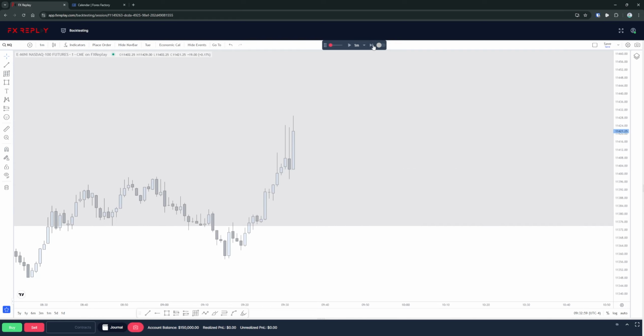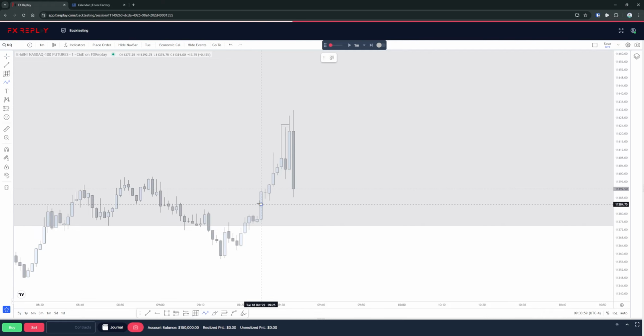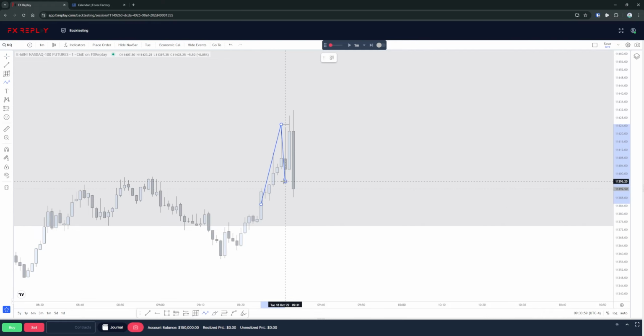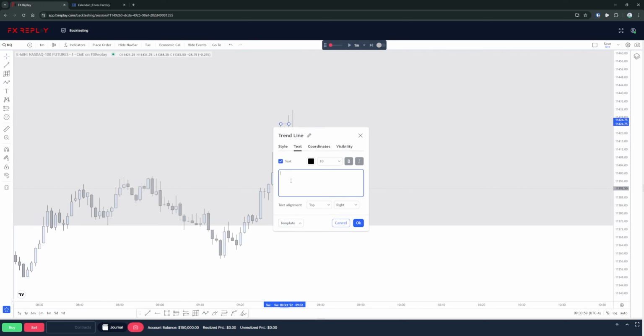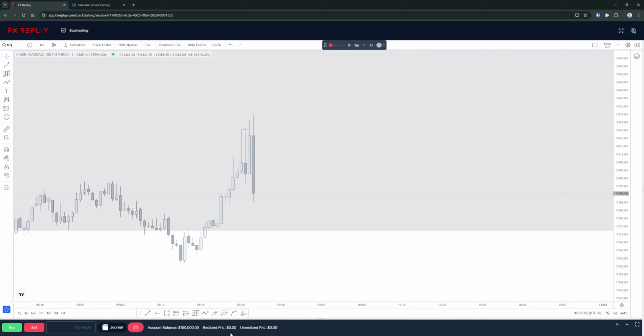I'm just going to be watching price at New York Open. This is a sweep. We have a high, a low, a high, and we're getting some displacement down. So this becomes our sweep, our stop hunt, sorry. Lowest down close candle before the leg up that took liquidity is here.